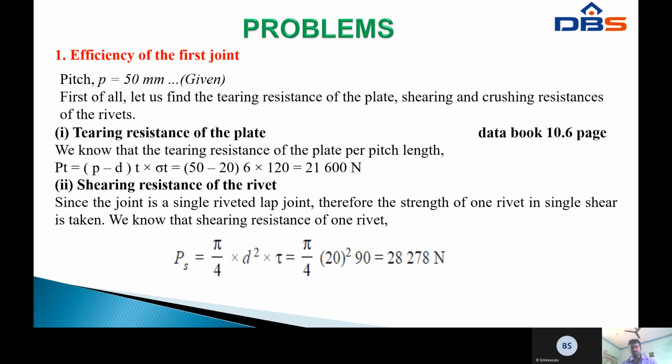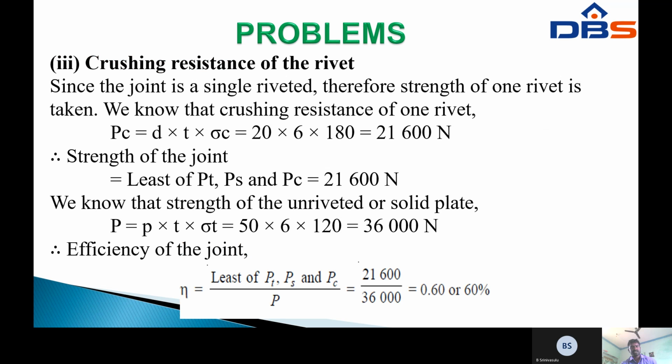Now pi by 4 into 20 square into 90 equals 28,278 newtons. Next, the crushing resistance of the plate is taken from the data book: Pc equals d into t into sigma c. Now that is calculated, the value is 21,600 newtons. The strength of the joint, the least of Pt, Ps and Pc, equals 21,600 newtons.